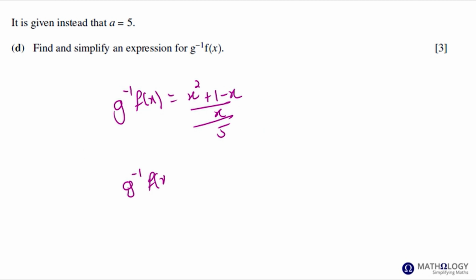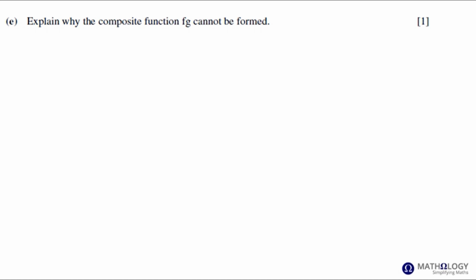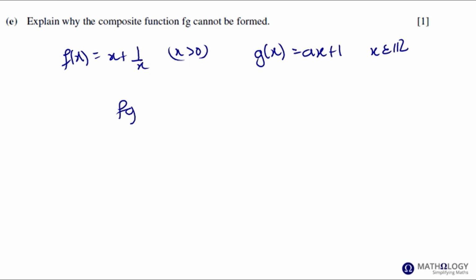So g to the minus 1 of f equals x squared minus x plus 1 over 5x. Explain why the composite function f of g cannot be formed. The function f of g can only exist if the range of g falls within the domain of f.